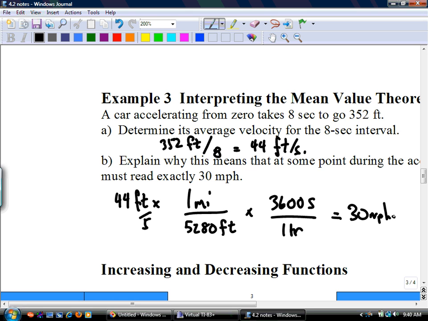Now, why? Because the mean value theorem says that the average velocity must equal the instantaneous velocity at least one point c.